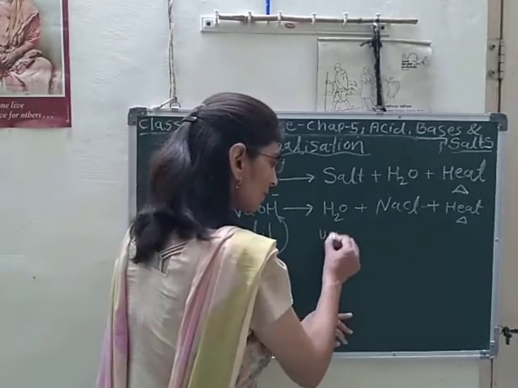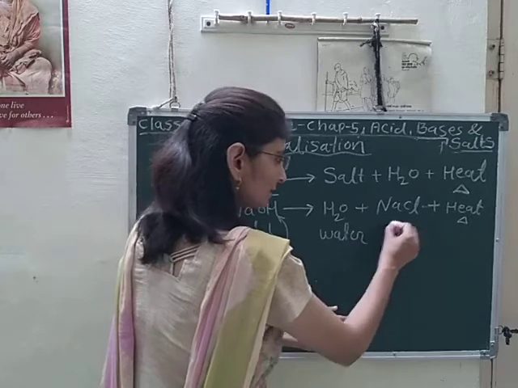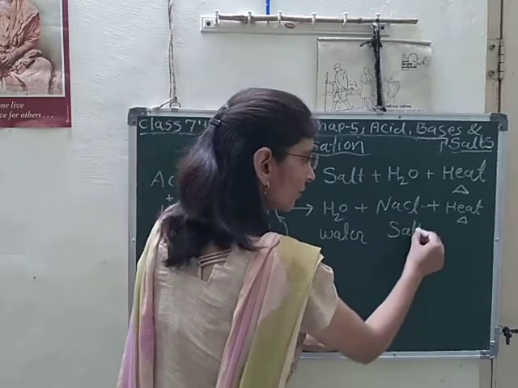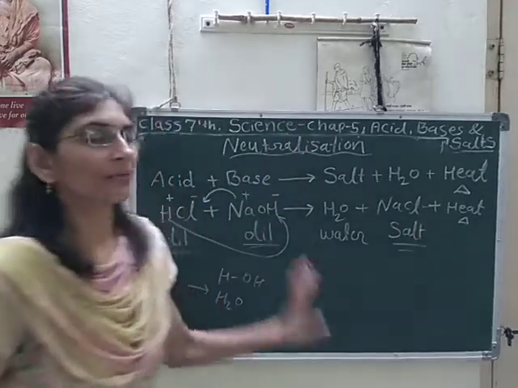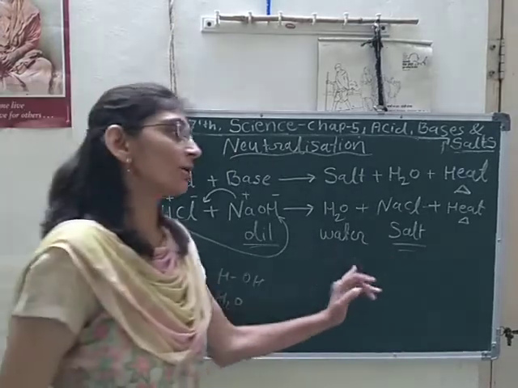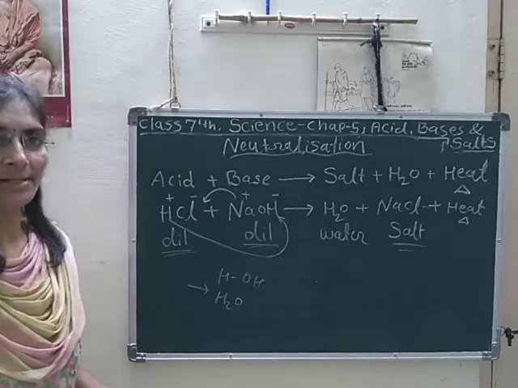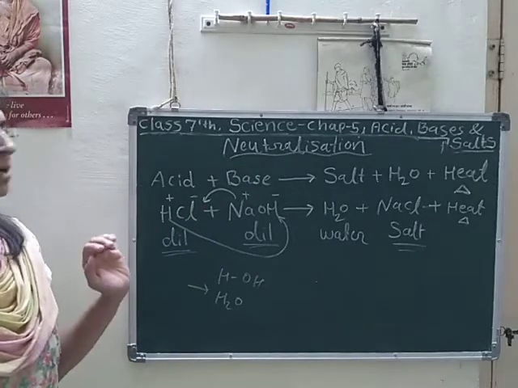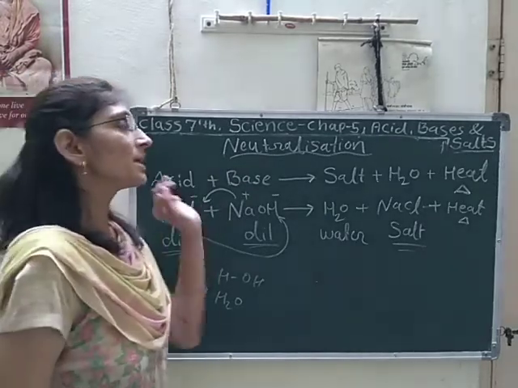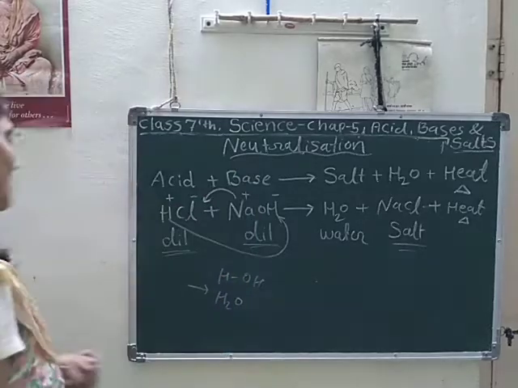This is water and this is salt, the common salt we use in our daily life. So salt and water are formed with the evolution of heat, which is known as a neutralization reaction. Understood? So what is the definition of neutralization?